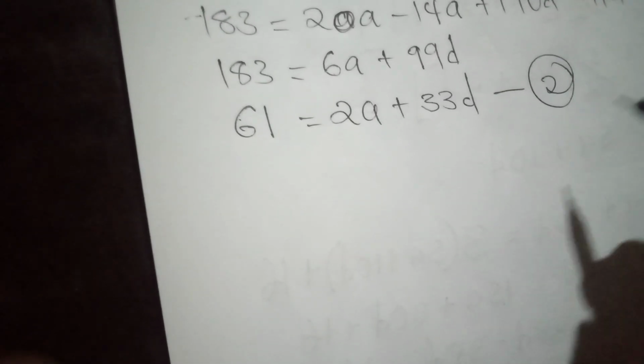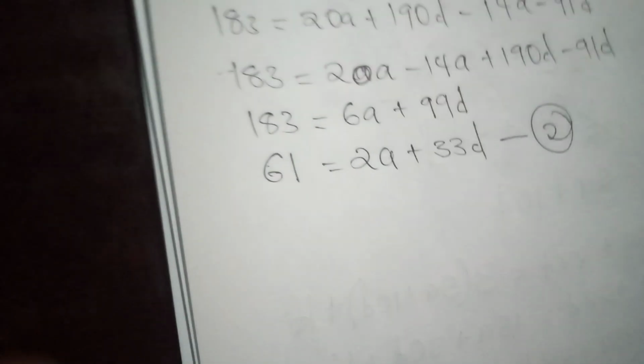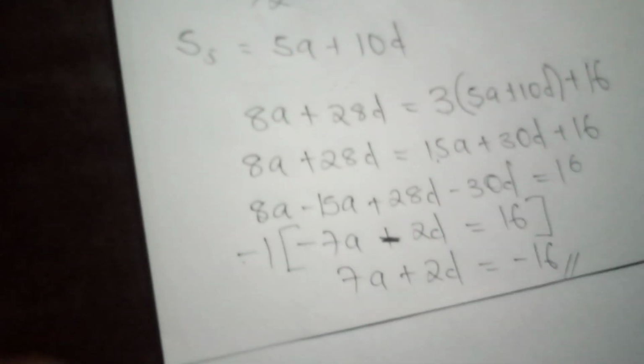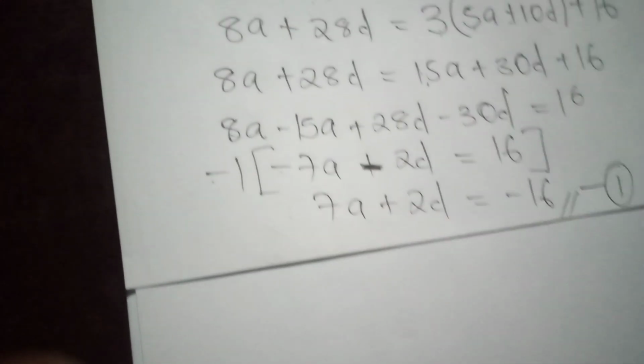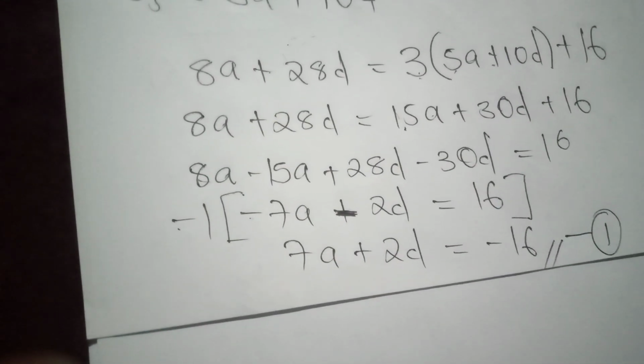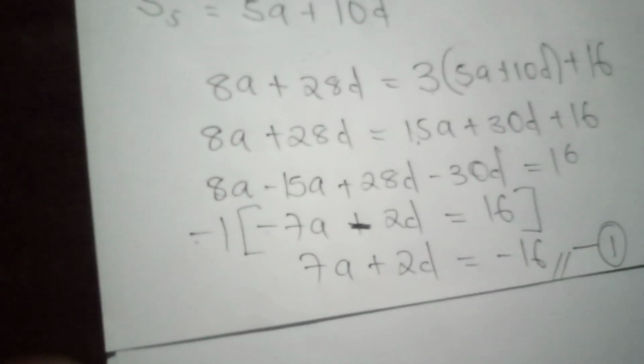It is equation 2. The first or previous question, you answered the relationship. This one is your equation 1. So what you're going to do is solve them simultaneously.